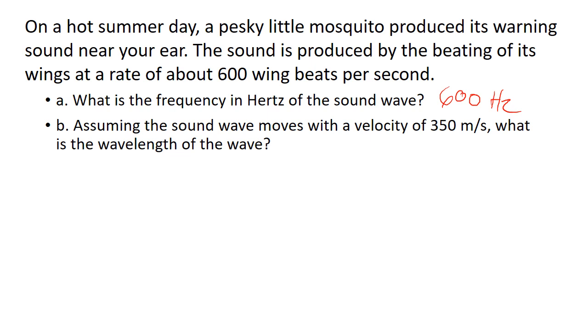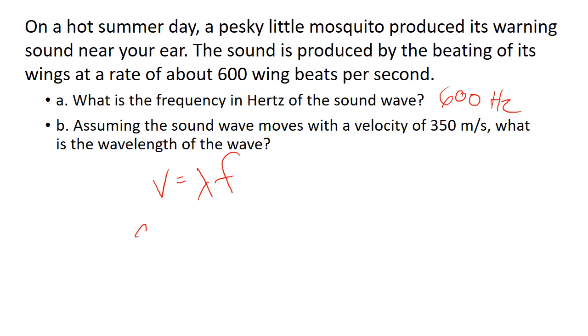Assuming the sound wave moves with a velocity of 350, what is the wavelength of the wave? Let's use our wave equation. We have V is equal to lambda F. Do you think you can plug in the numbers to the right spot? Pause the video to try. Did you do it? Let's see.